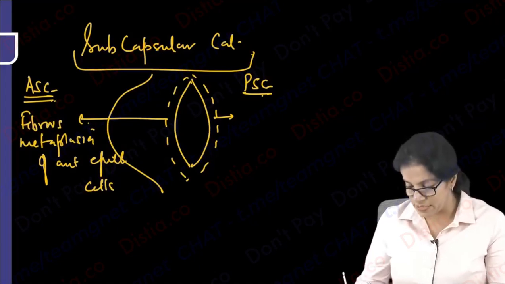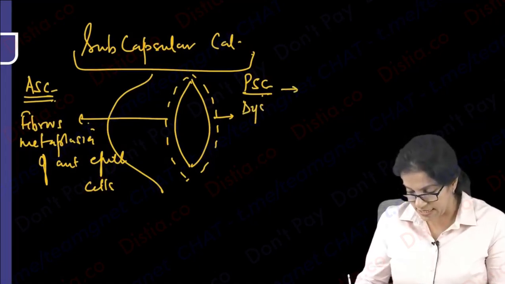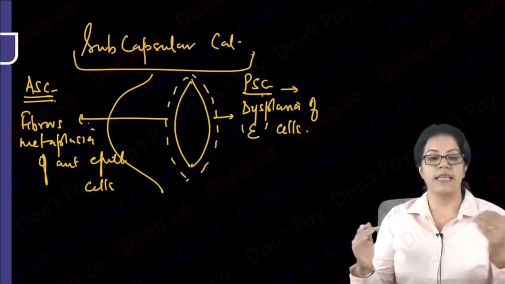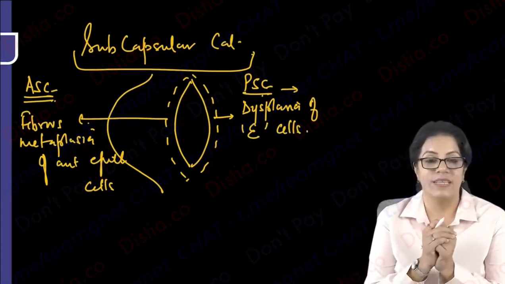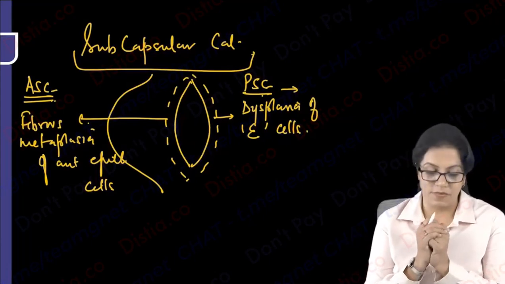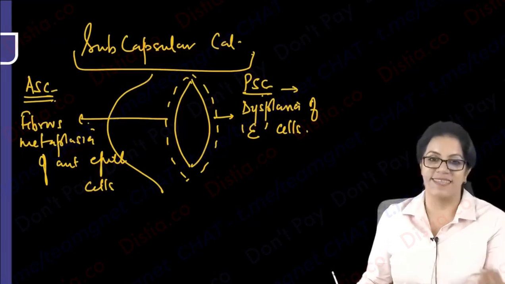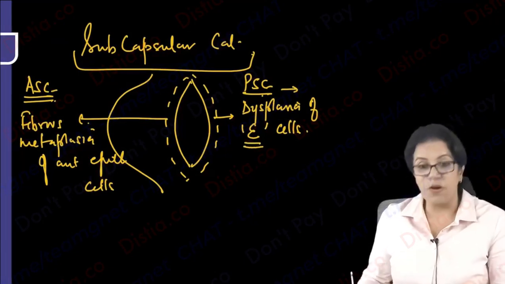Now write down: it is due to dysplasia of E cells. This dysplasia of E cells migrates from the anterior epithelial cells, isn't it? E cells are what?